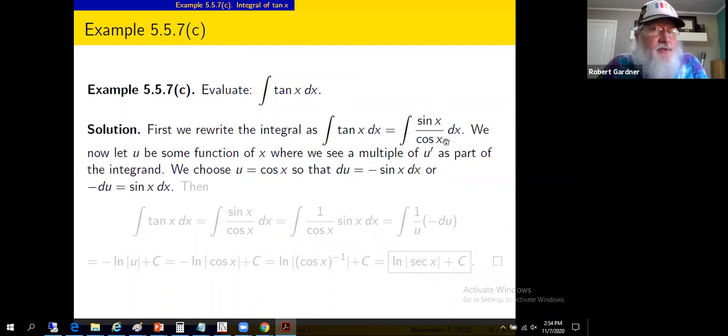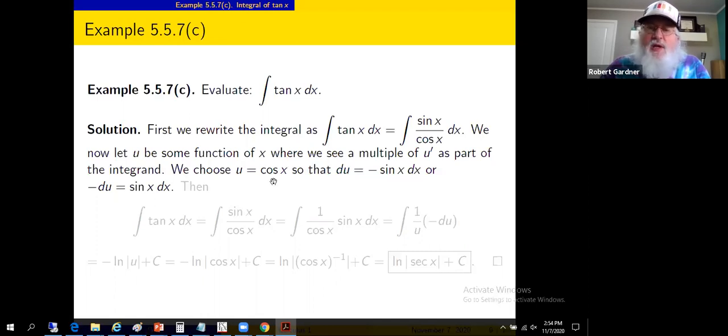Can you use u substitution on that? I want to let u equal something where I see its derivative also as part of the integrand. Any ideas? Hey, the derivative of sine is cosine and the derivative of cosine is negative sine. Maybe I could let u be either of these. Let's try, it says here u equals cosine. Let's try that and make sure it works.